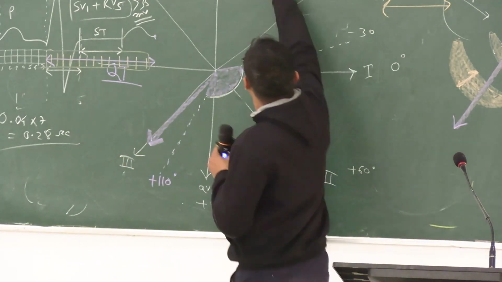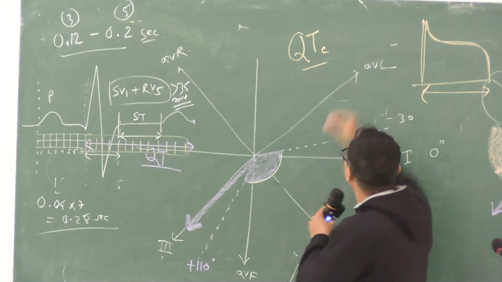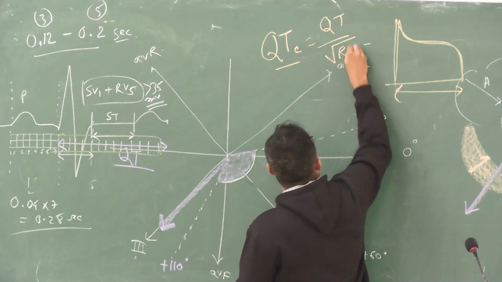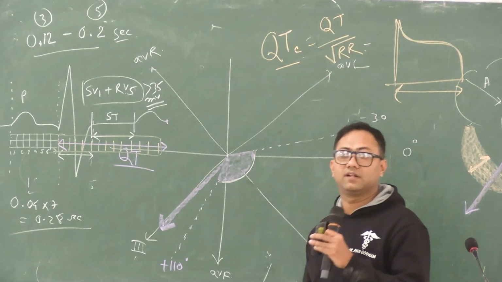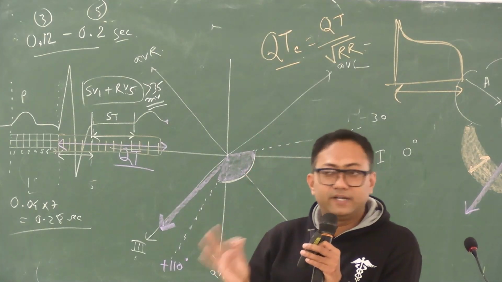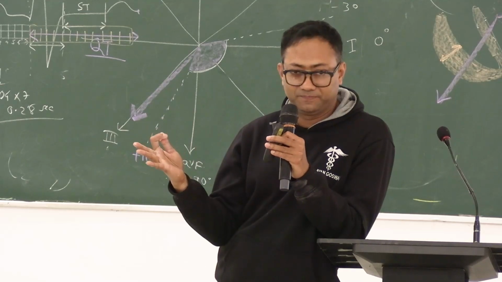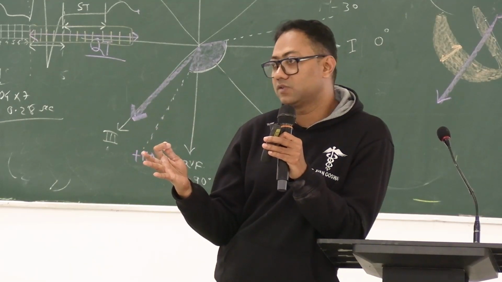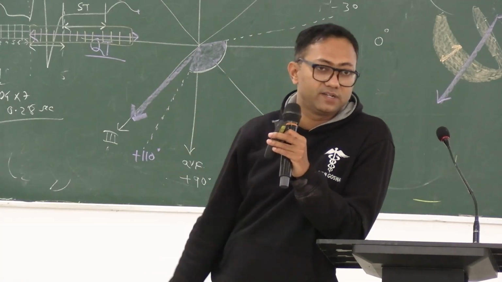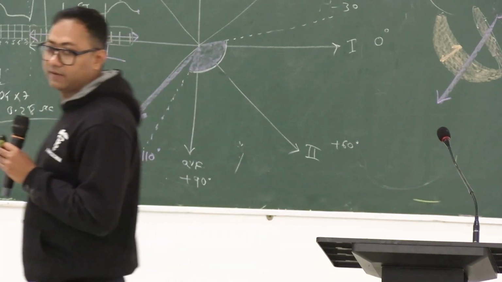The corrected QT interval is equal to the QT interval divided by the square root of the RR interval. The QT interval denotes ventricular depolarization plus ventricular repolarization, this total time, and what we actually measure is the QTc. The formula is QTc equals QT interval divided by the square root of the RR interval, in milliseconds.